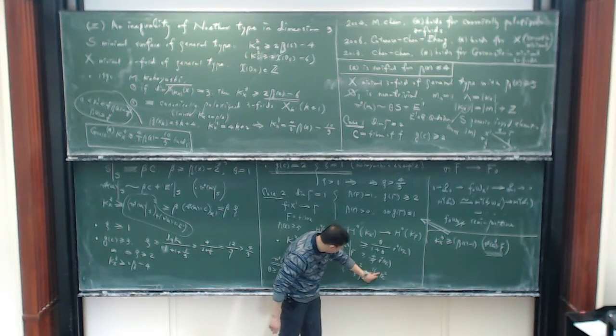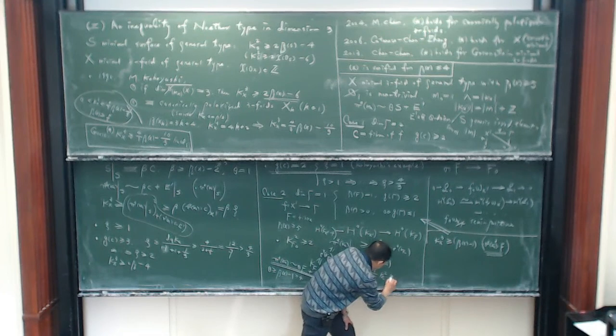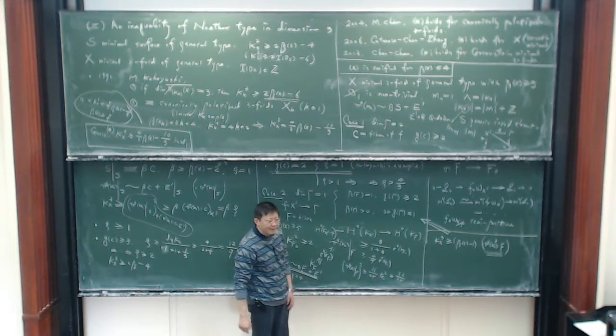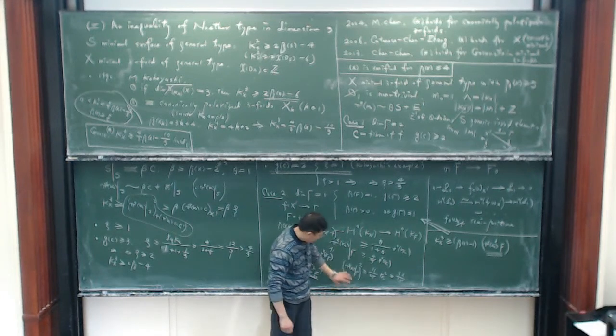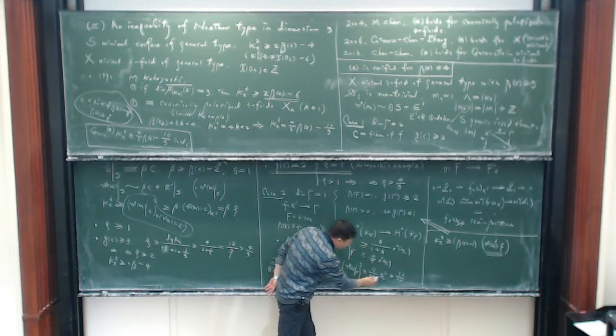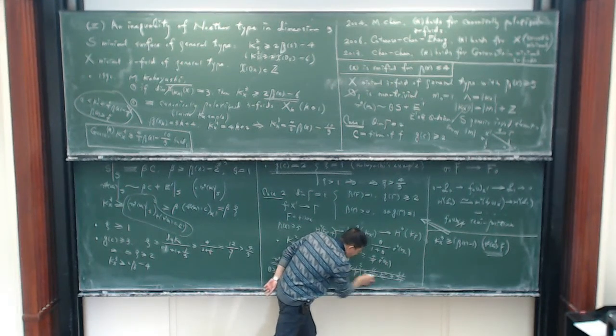Suppose this is 2, then this is 32/25, but it's not enough. So this is a very coarse usage of my inequality, but I don't want to use this directly.